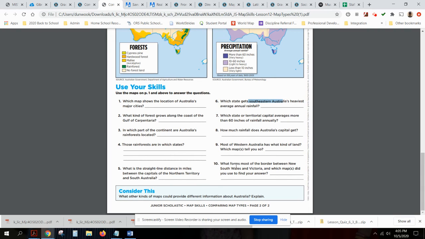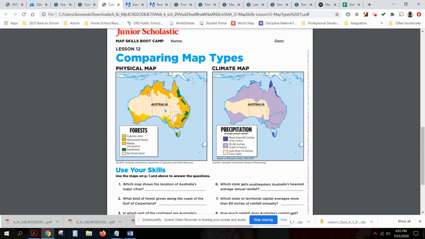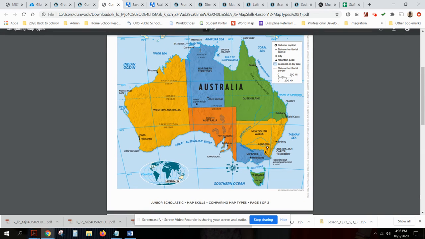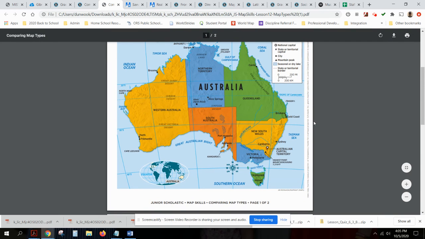Let's do one more. Number 10. What forms most of the border between New South Wales and Victoria? And which map did you use to find your answer? So 2 parts, 2 answers. What forms most of the border between New South Wales and Victoria? Well, I can't see where those places are on this map, so I have to go up here to this map. Where is New South Wales? New South Wales is here.